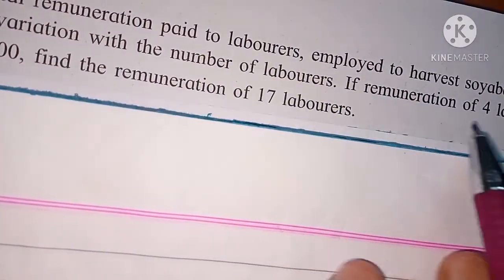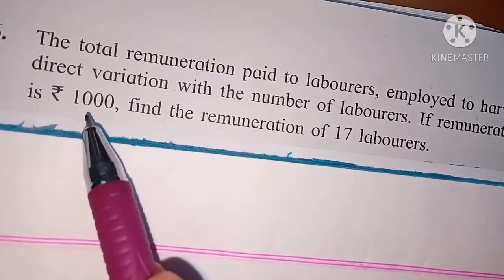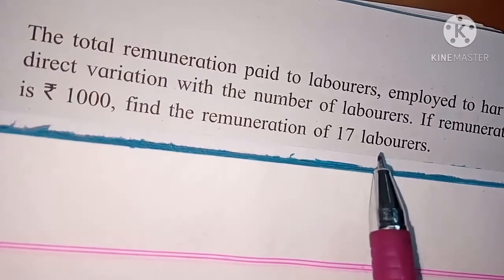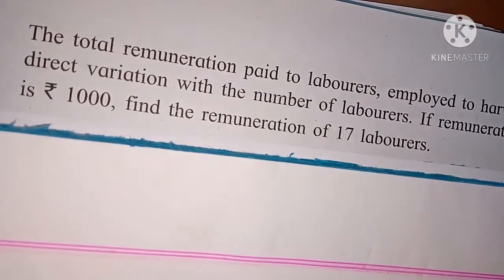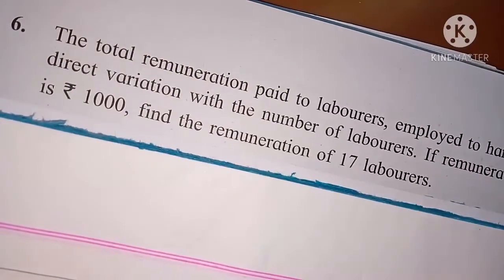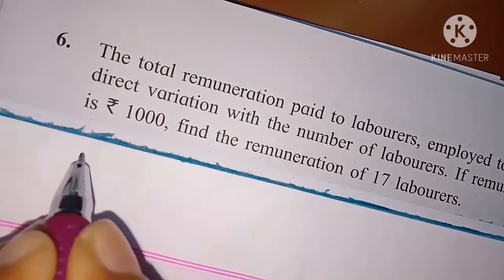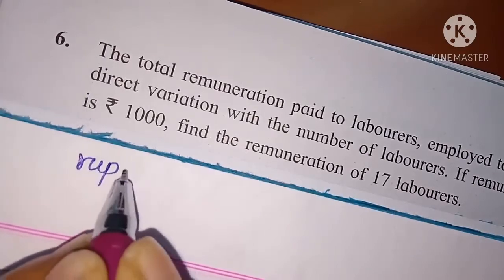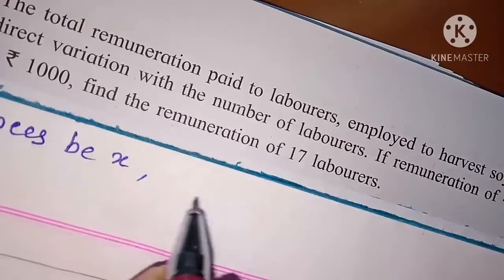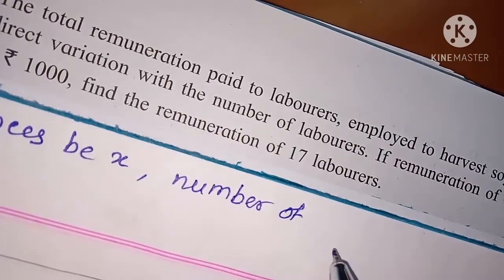If the remuneration of 4 laborers is rupees 1000, find the remuneration of 17 laborers.